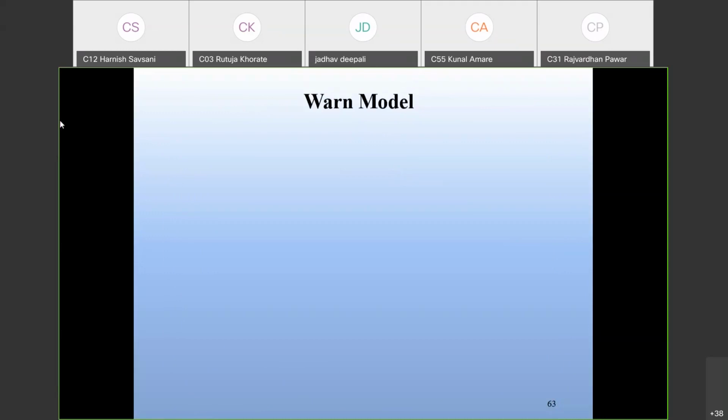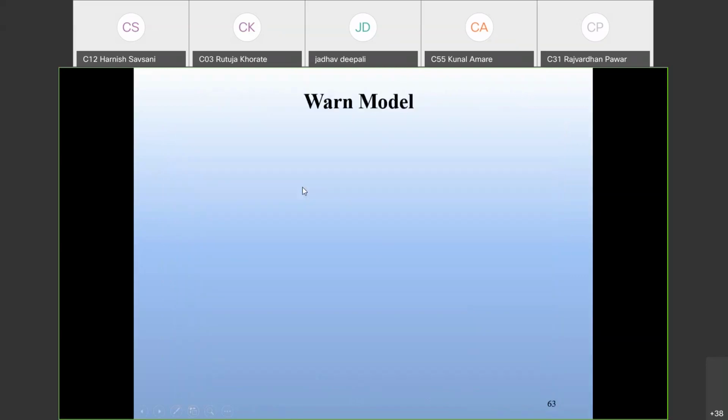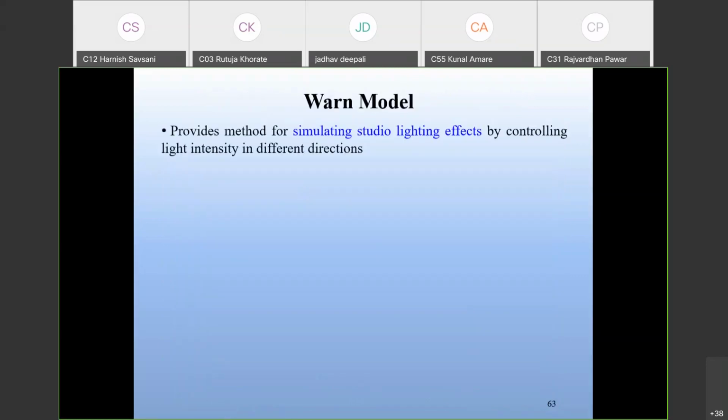Now, the Warn model. It provides a method for simulating studio light effects. Here in this model, we are going to see the different studio light effects.